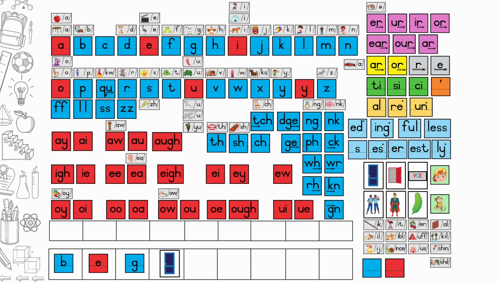Let's go. We can see that it is a closed syllable, so children know that the vowel sound must be short. B, E, G. We clap it out. B, E, G. Put it together. Beg.